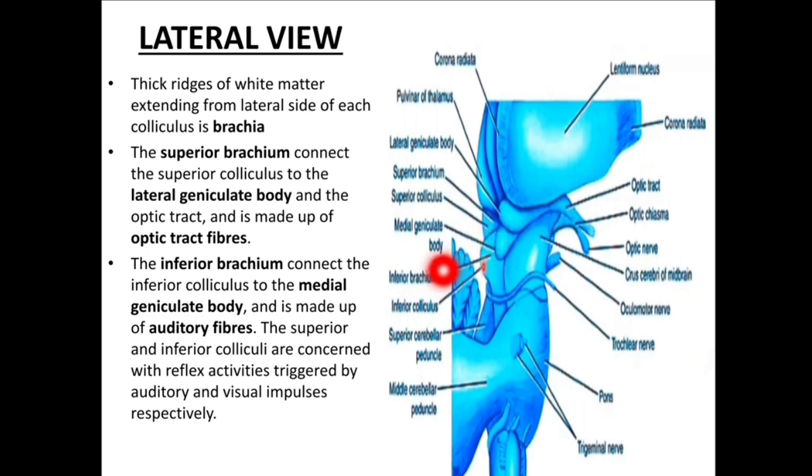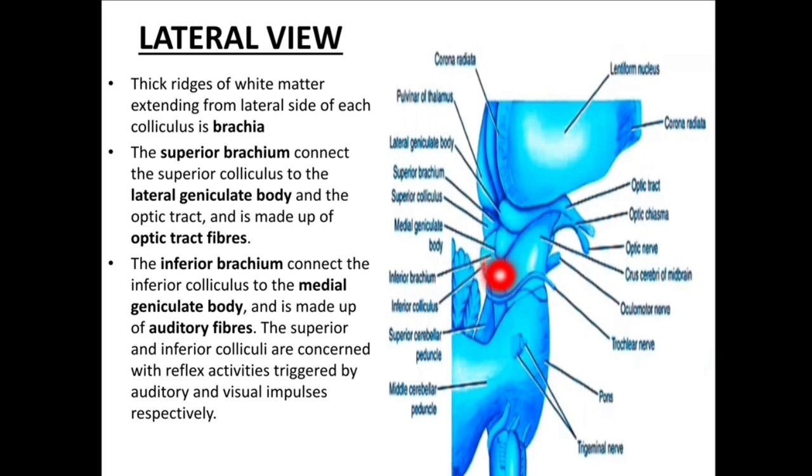The inferior brachium connects the inferior colliculus to the medial geniculate body and is made up of auditory fibers. The superior and inferior colliculi are concerned with reflex activities triggered by visual and auditory impulses respectively.